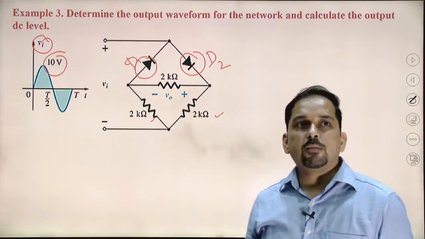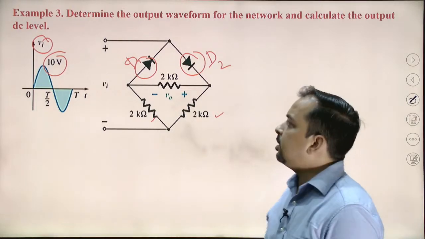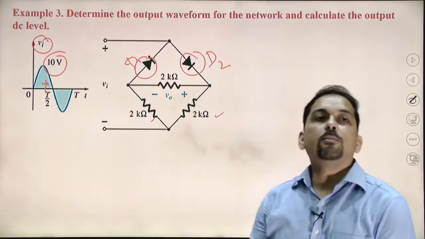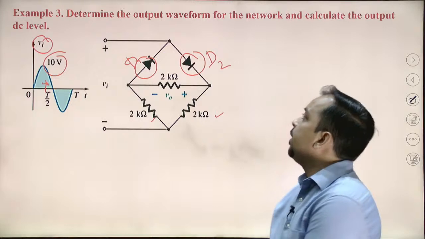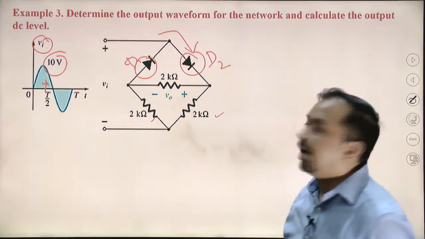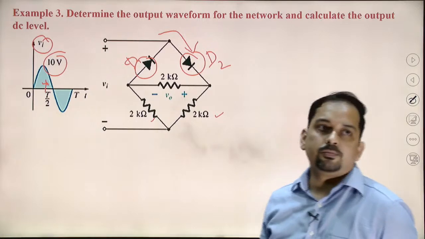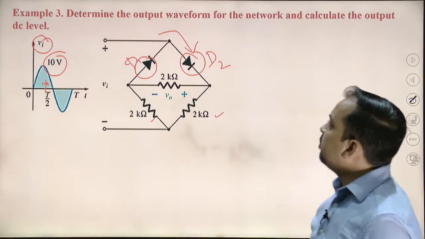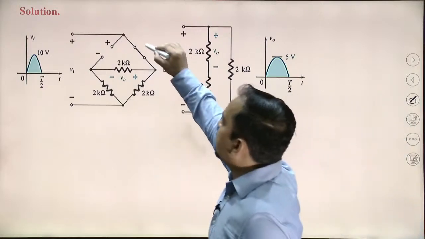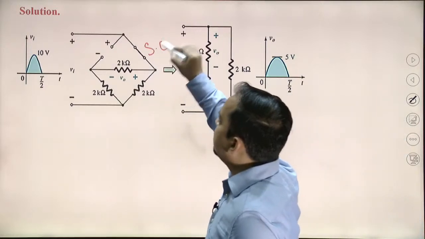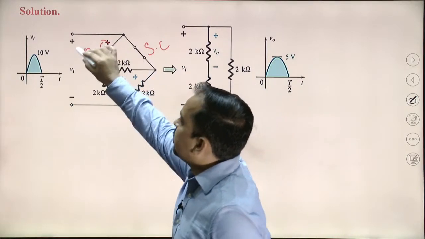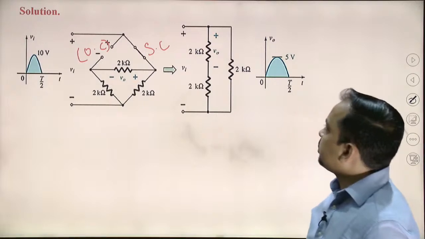So how can we determine the output waveform? First we will consider the positive half cycle. During the positive half cycle, diode D2 is on, whereas diode D1 is off. When diode D2 is on, it is represented by a short circuit because we are considering the ideal approximation, and the other diode is an open circuit.